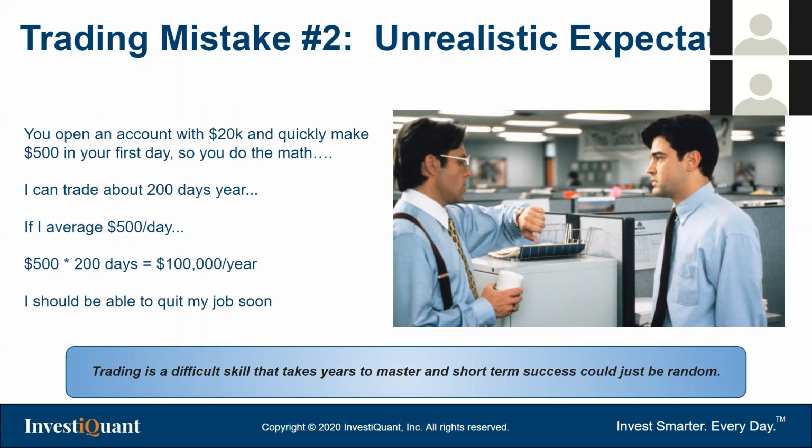If I can make a little bit of money each day, say I make $500 a day, then I multiply that times the days that I can trade in a year, and all of a sudden I've got a six-figure income doing what everyone wants to do and loves doing. But realistically, probably not going to happen that way. And it's probably going to end up taking more money than you think it is to be able to create good, strong results. And it's probably not going to be nearly as linear as you hope or expect it to be either.